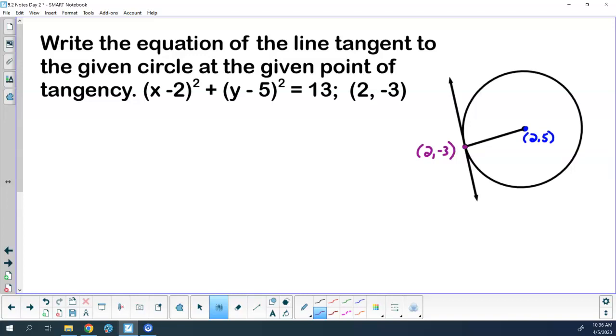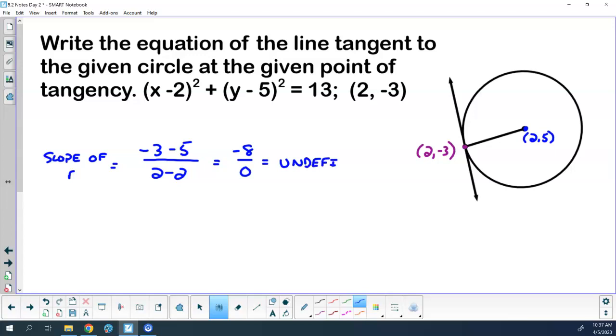So the slope of the radius would be -3 minus 5 all over 2 minus 2. That's -8 over 0, which is undefined. What kinds of lines have undefined slopes?